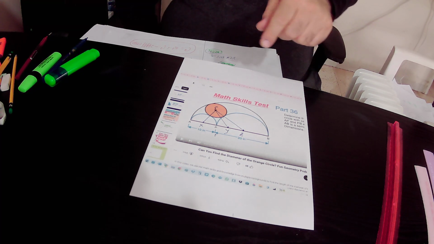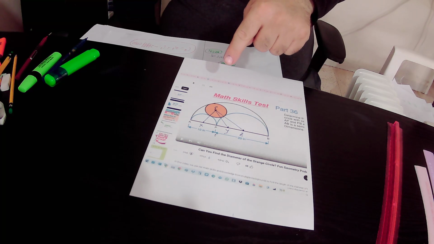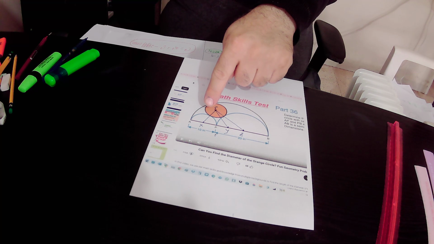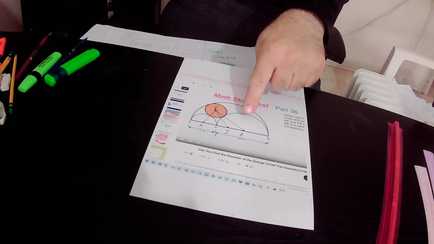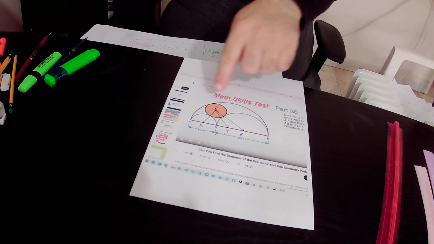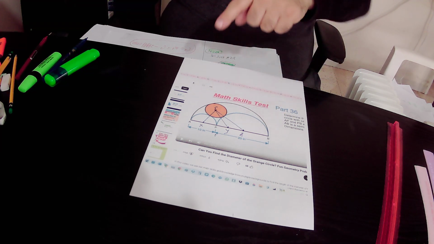And so it will be equal to the radius of this small semicircle, that is 5 units, plus the radius of this semicircle, that is 10 units. 5 plus 10 is 15. So we found out that xz equals to 15 units.